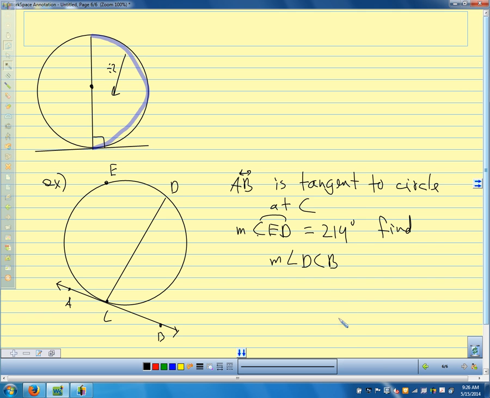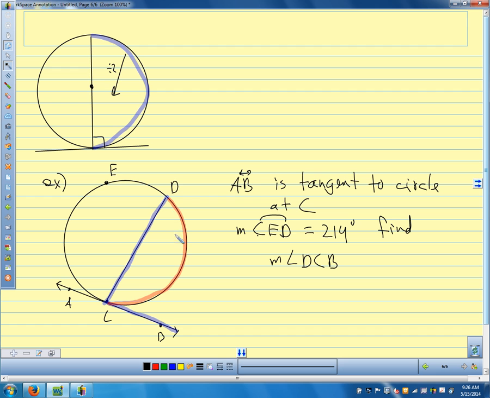All right, so here's an example of a lot of times where students would say, oh, well, that's tangent to the circle, so that has to be a 90-degree angle. This isn't a diameter, so we can't use that idea. So let's highlight some things. Here's the angle that we're interested in. In order to figure out that angle, we need to figure out the measure of this intercepted arc.